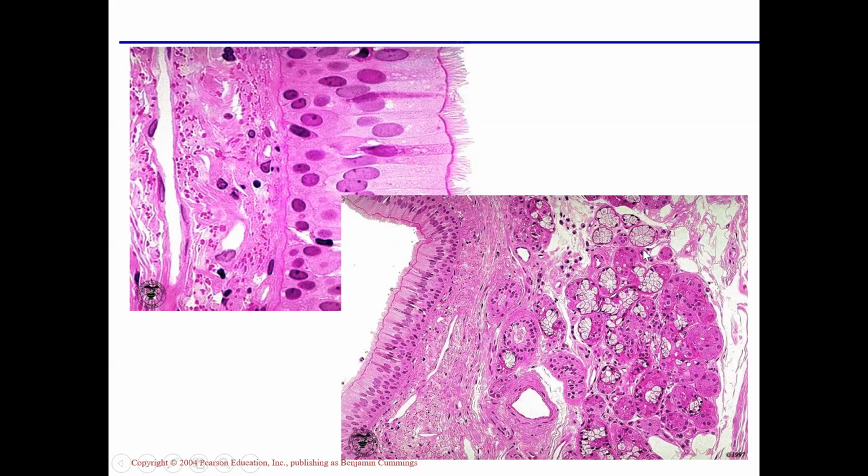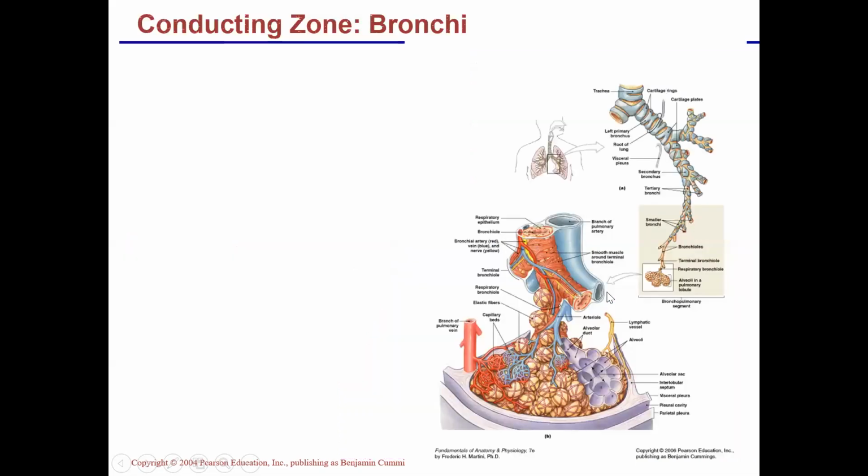And you also see this kind of structure right here, with cells in clusters, not so typical as the tubular ones. These are the glands. So this part is the submucosal gland structure.